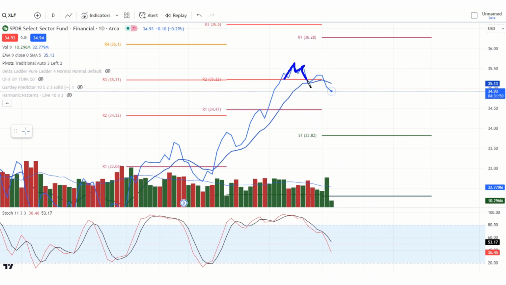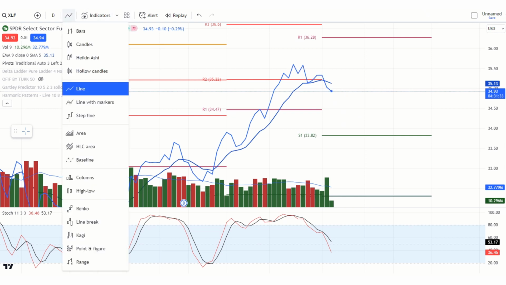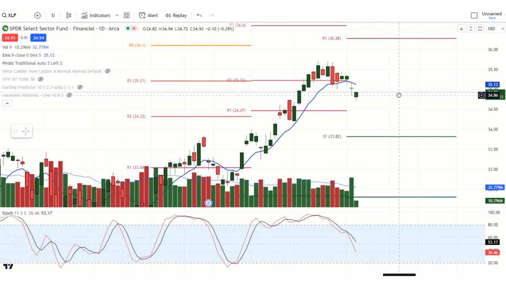Now we got another retest M formation here. So what is this? This could be a bounce up to resistance. We watch the volume fall off, and then we come back down again, and then this market will be correcting. That's how you're going to know what's actually happening as you're looking at this.